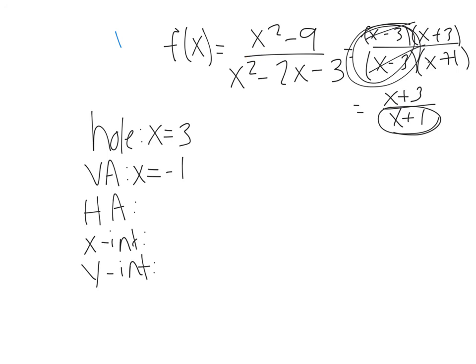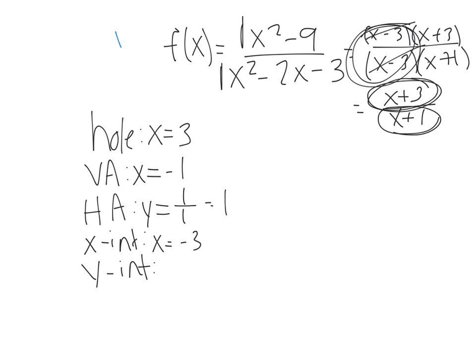It's equal, so that's a ratio of the leading coefficients, 1 and 1. So at y equals 1 over 1, which is 1, I have a horizontal asymptote. Now, the x-intercepts are the zeros of the numerator, which in this case is x equals -3.